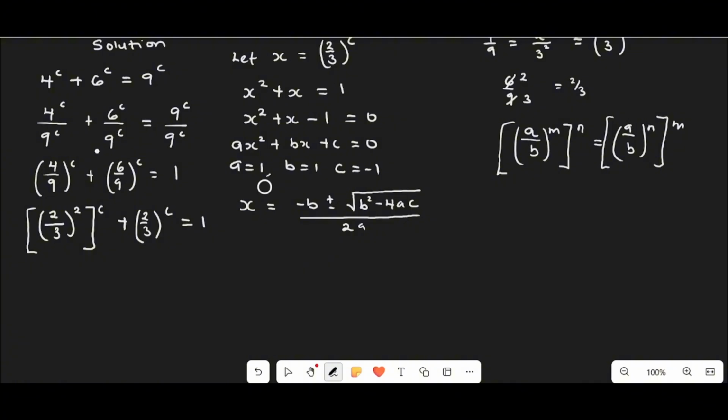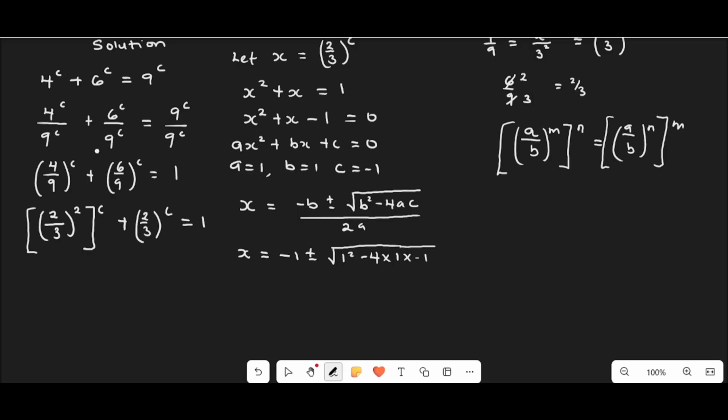So let us substitute the value of our a, b, and c into this quadratic formula to determine the value of our x. So x equal to, our b is 1, we now have -1 plus or minus square root, and 1 squared minus 4 multiplied by 1 multiplied by -1.